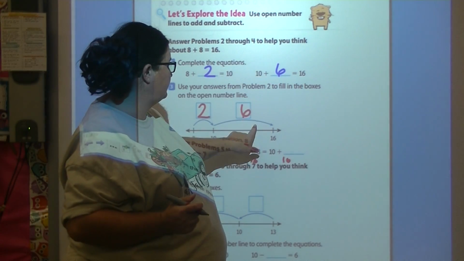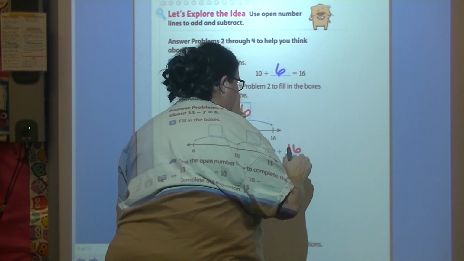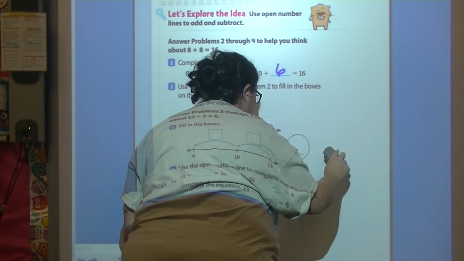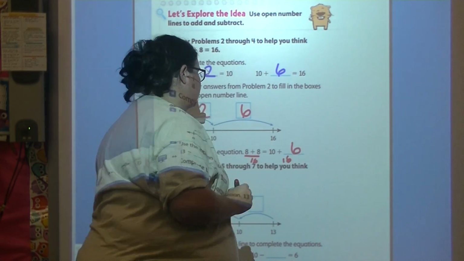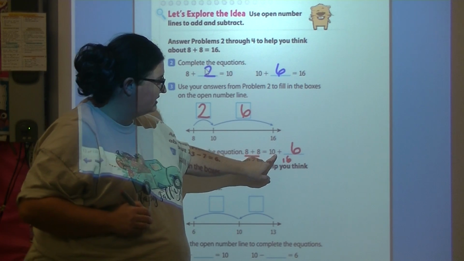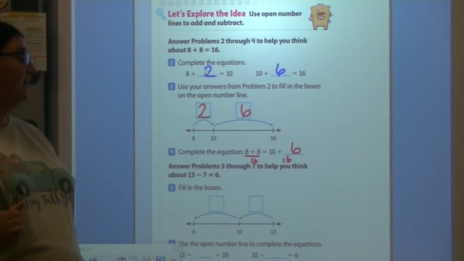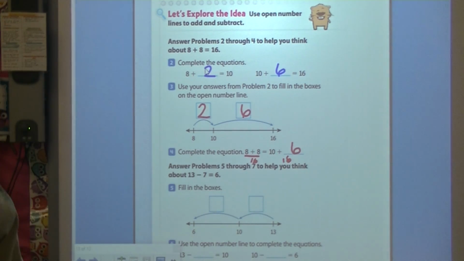Yes, 10 plus 6 equals 16. That's what our number line tells. So 8 plus 8 equals the same thing as 10 plus 6. They both equal 16.